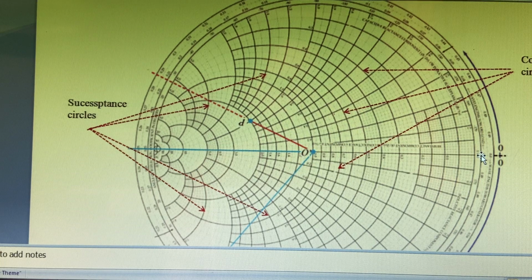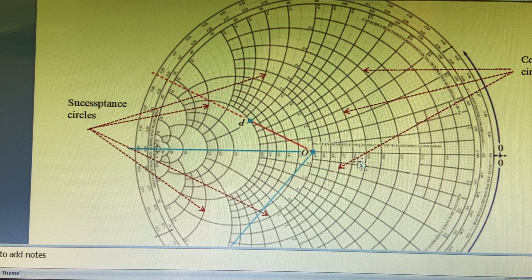Here the conductance values are 0.1, 0.2, 0.3, 0.4 like this. This corresponds to a conductance value of 0.3. The circle is like this. This is a circle with the conductance value equal to 0.3.